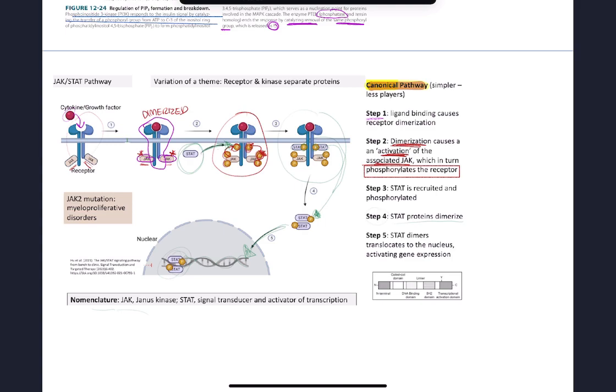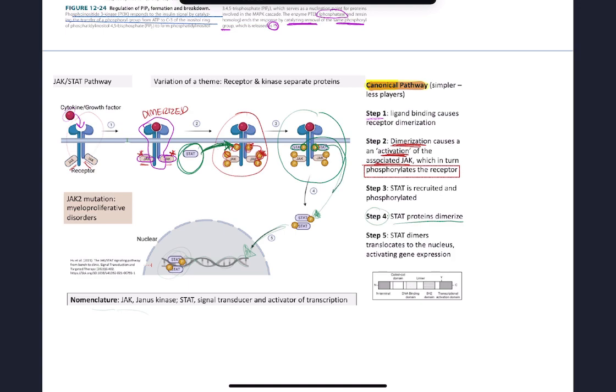And once these have been phosphorylated, STAT will be recruited to the receptor, and once it's recruited, the next step, it is phosphorylated itself. The STAT is phosphorylated, and we're going to see one on each side, on each monomer of the dimer. And those STATs, step 4, the STAT proteins will dimerize.